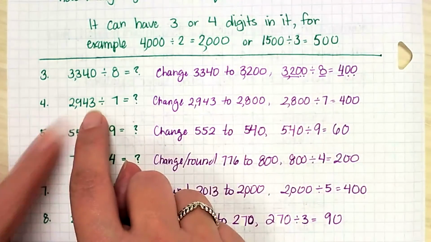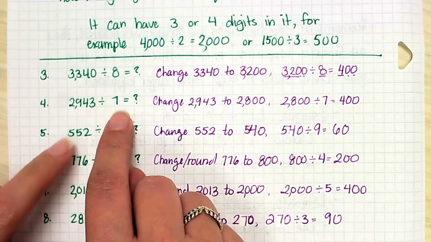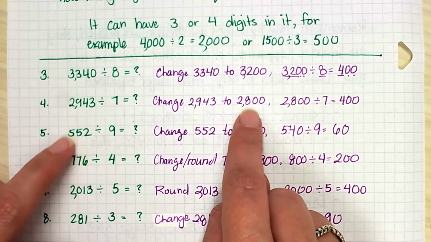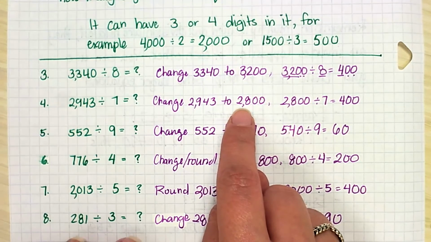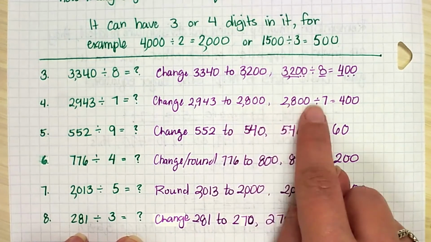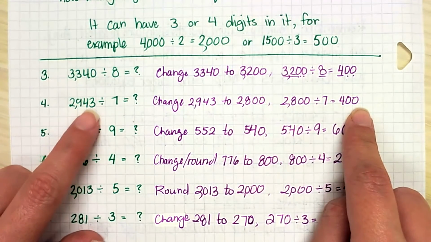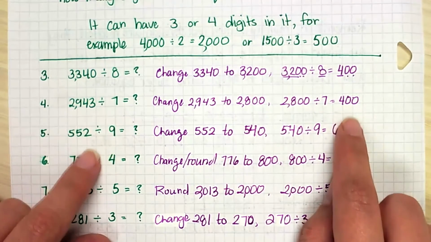For number 4, the numbers I'm working with are 2,943 divided by 7. So I change that 2,943 to 2,800 because I know 28 is a multiple of 7. 28 divided by 7 is 4. 4 times 7 is 28. So 2,800 divided by 7 is 400, which tells me 2,943 divided by 7 is going to be about 400.